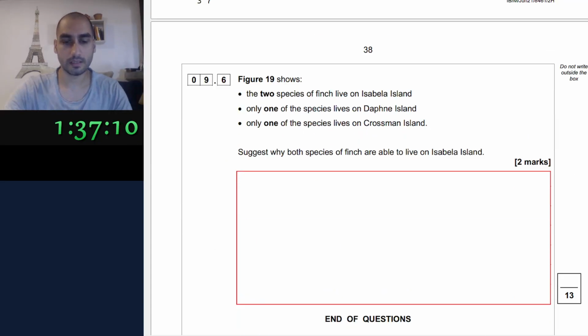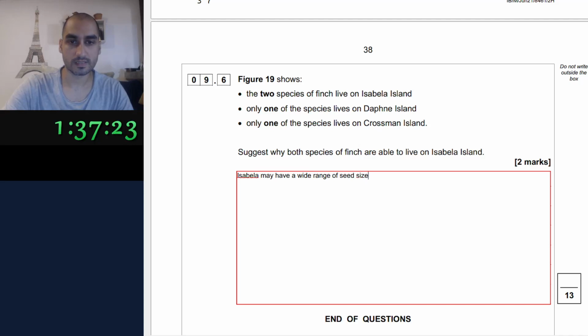Okay. Isabella may have a wide range of seed sizes available.